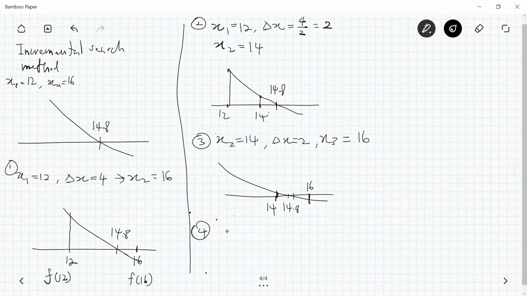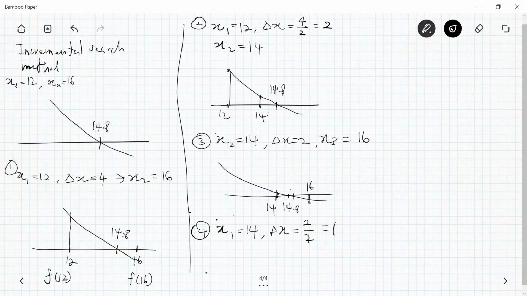So the first step now, x1 repeat, because we go back to x1 equal to 14, and delta x now equals 2 divided by 2, which equals 1.